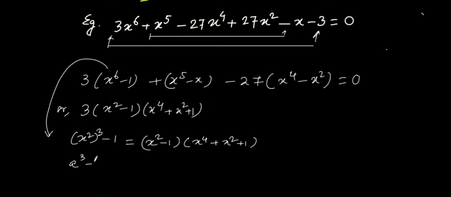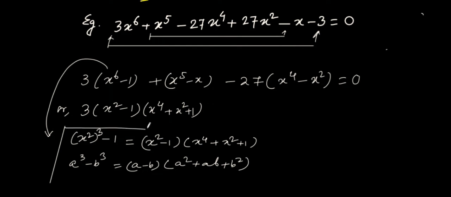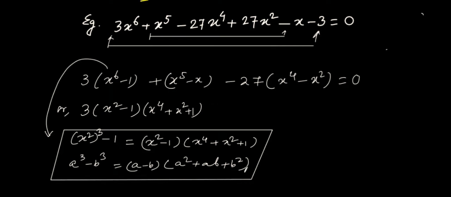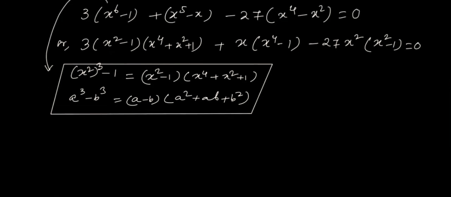Because a cube minus b cube can be written as a minus b times a square plus ab plus b square. So from the second we will get x times x to the power 4 minus 1, and from the last we will get 27x square times x square minus 1. This equals 0.